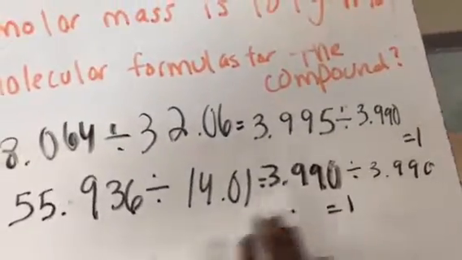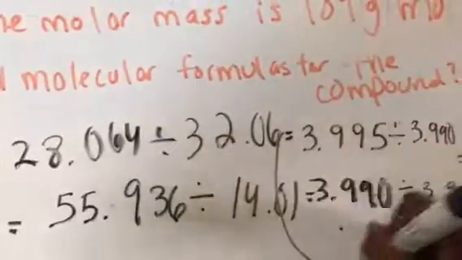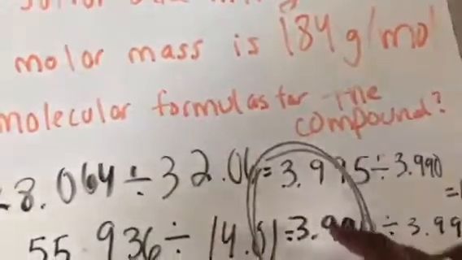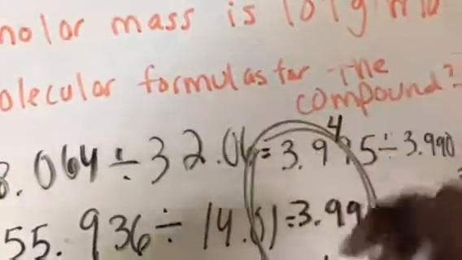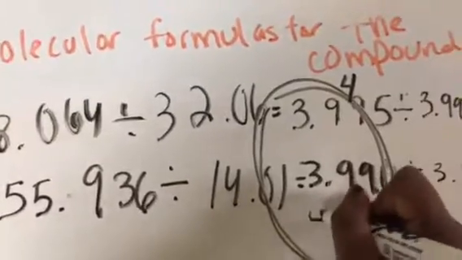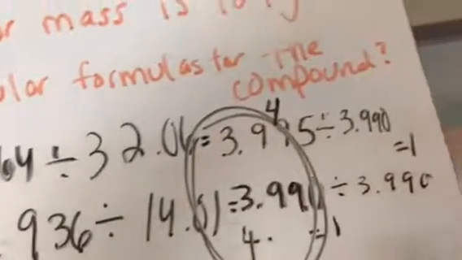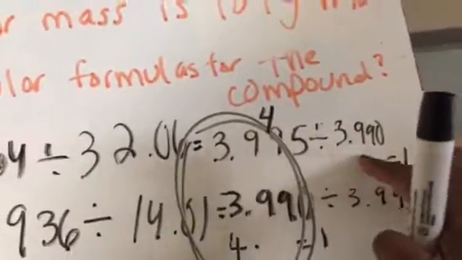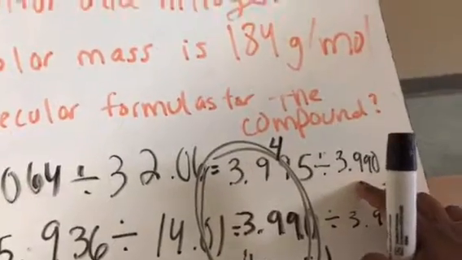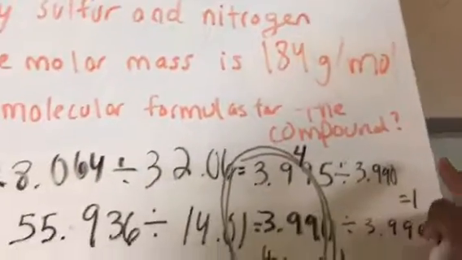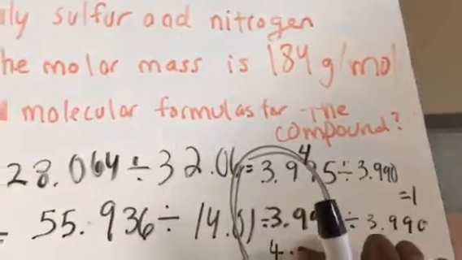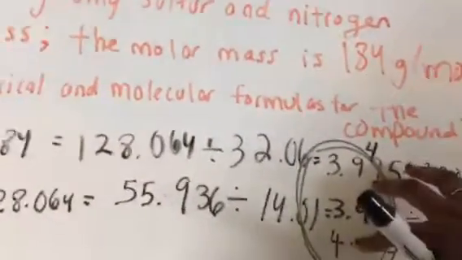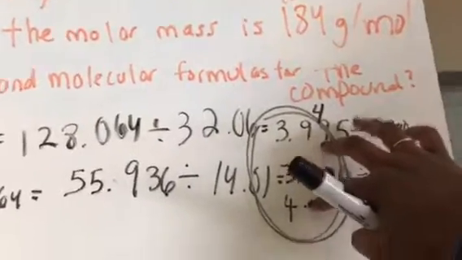So for the molecular formula, we focus on this part of our work. As you can see, this is very close to 4, and this is also very close to 4. We divided by the smaller number, which we don't need to do for the molecular formula, because since this is close to 4 and this is close to 4, each of those is the amount of each atom we have in the compound.